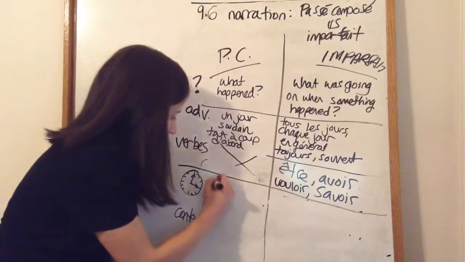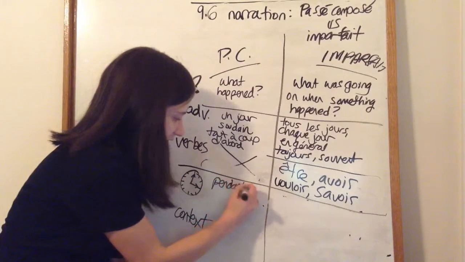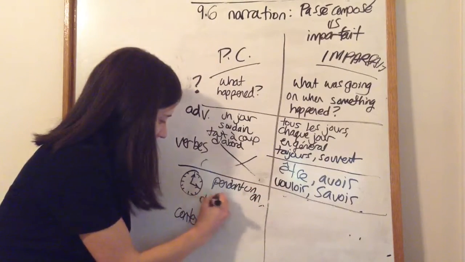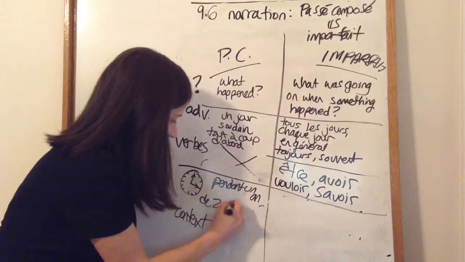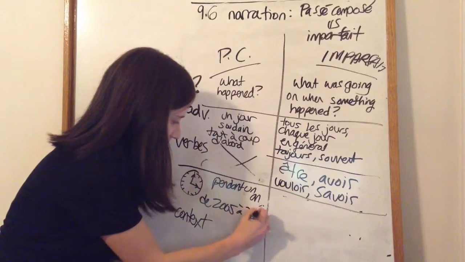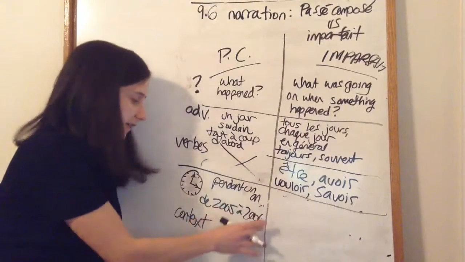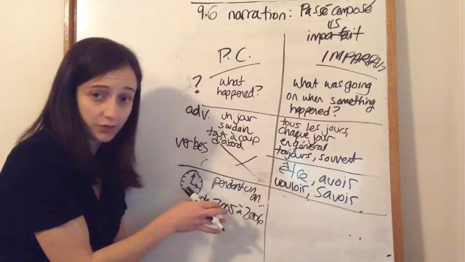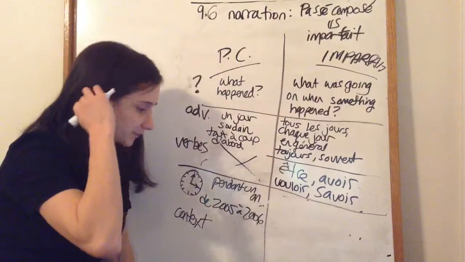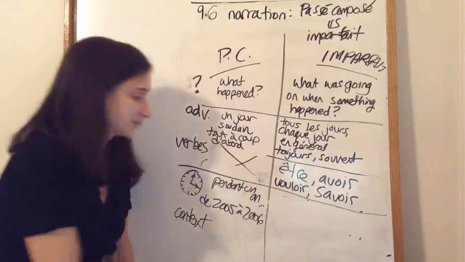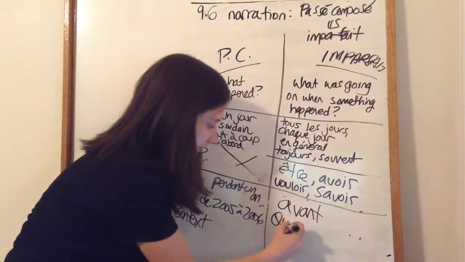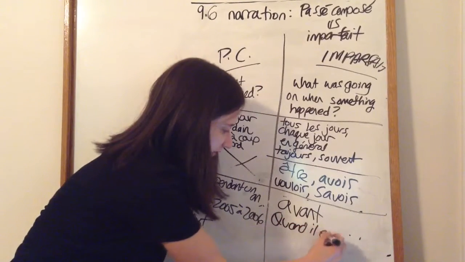So, for a year, or you would say from, definite beginning, definite end, from 2005 to 2006, generally passé composé, okay? Indefinite lengths of time. You could just say avant, before, quand il était enfant.